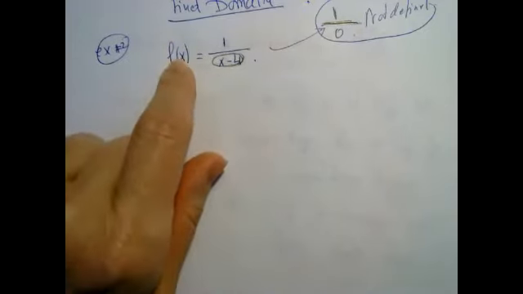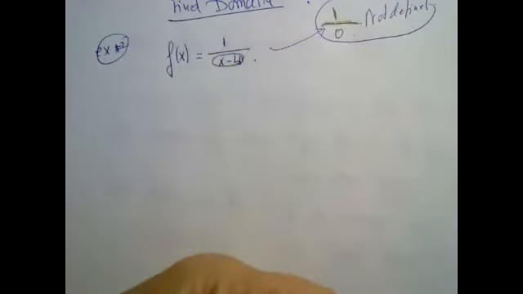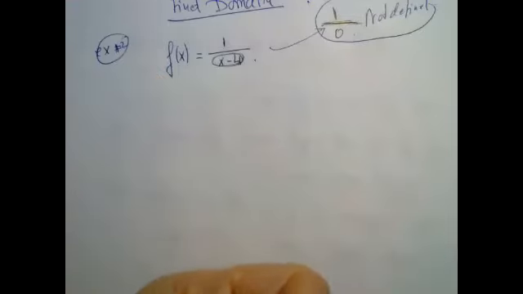So if I input x in here, if I put 4 in here, the output is going to be 1 over 0, which is not defined. It means the value of x equal to 4 does not yield a number. So x equal 4 will not be in the domain.